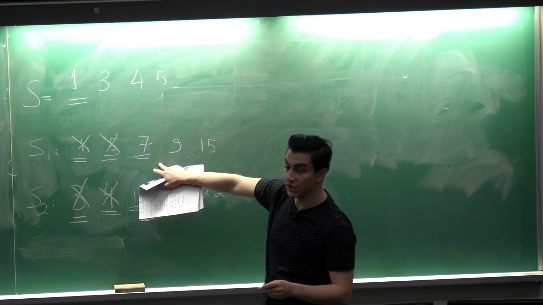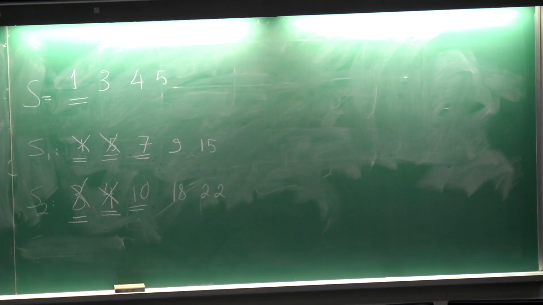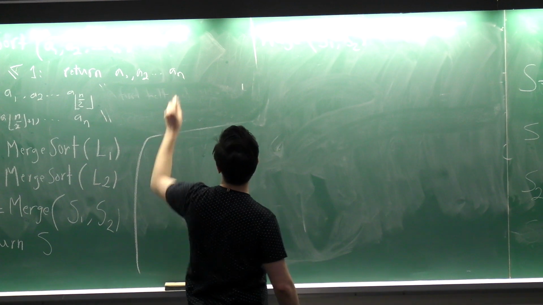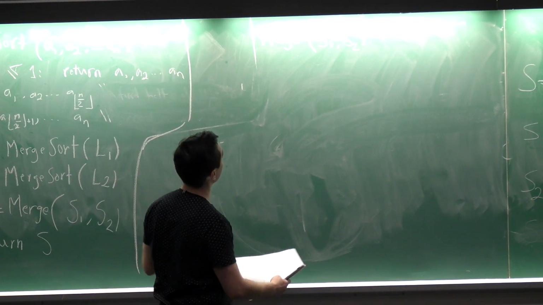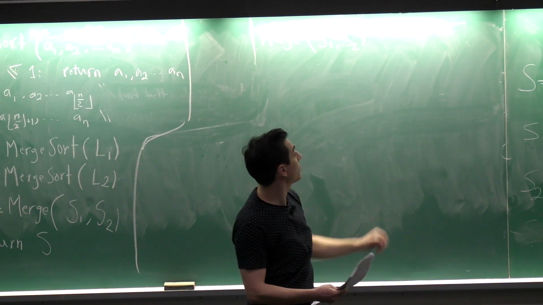So let's write a small procedure to describe what we're trying to do here. I'm just going to delete this for space. Right? So what are we going to do with this merge thing? What are we trying to do here?